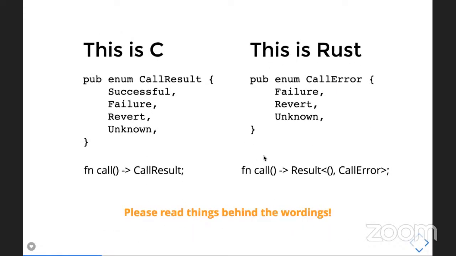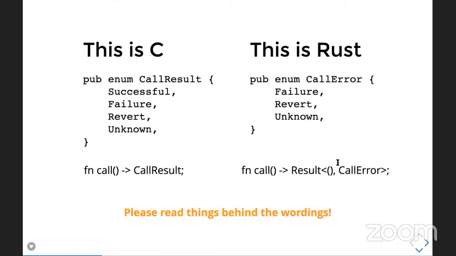So let's look in more detail at the eWASM Rust API. You can see there is something like a call result here. It calls a function and gets a call result. This is Rust syntax, but not in Rust style. If it were Rust style, it would be the right-hand part. You can see a call function and you get a Result, and the Result has two parts.